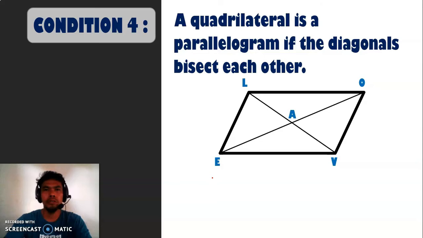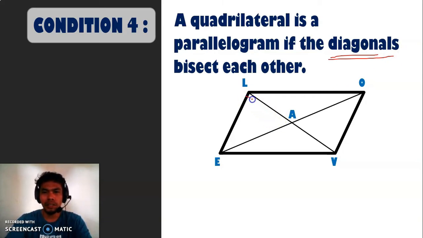Now, for condition number 4, it states that a quadrilateral is a parallelogram if the diagonals bisect each other. Now, when we say diagonal, these are segments drawn by connecting two opposite vertices.